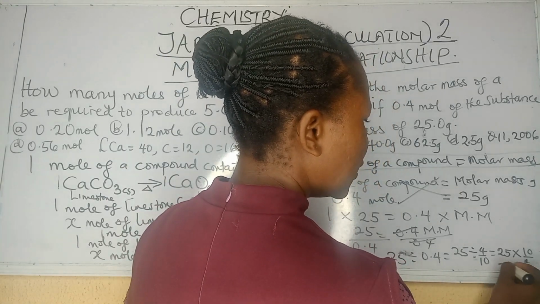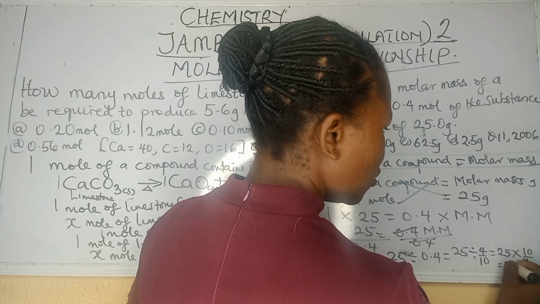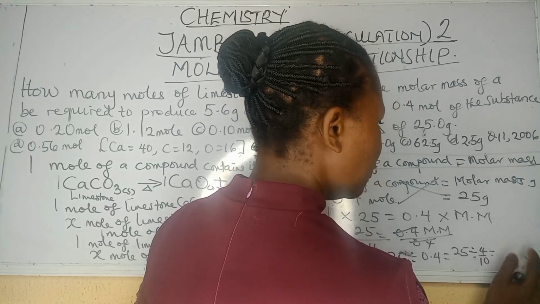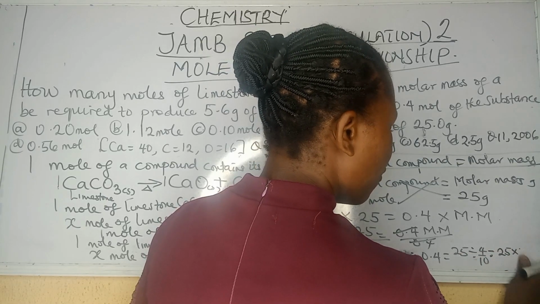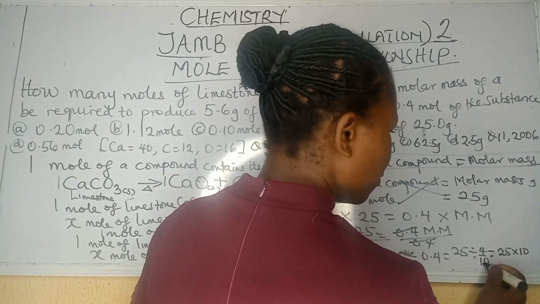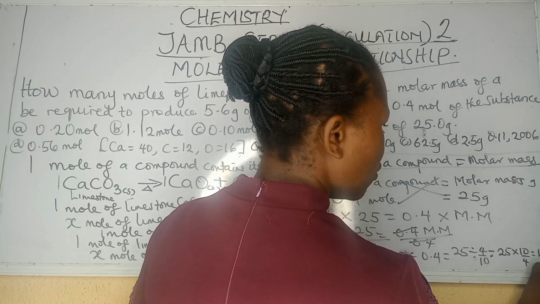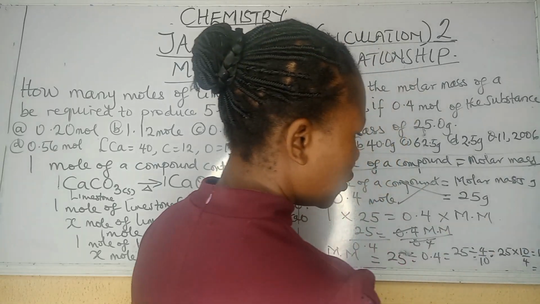So the final answer is, 25 multiplied by 10, we bring this up, we bring this down, that is 100 over 4. The answer is 25.